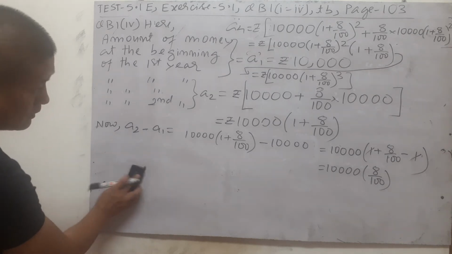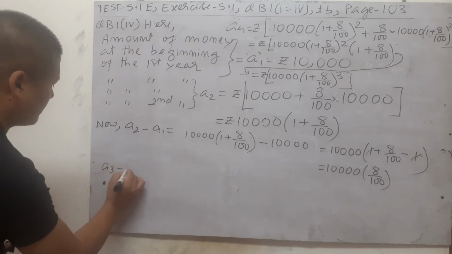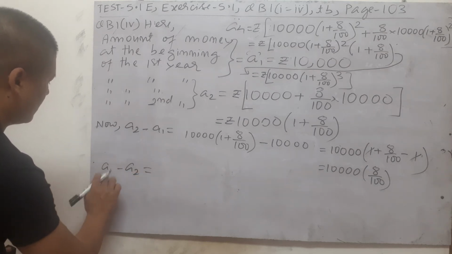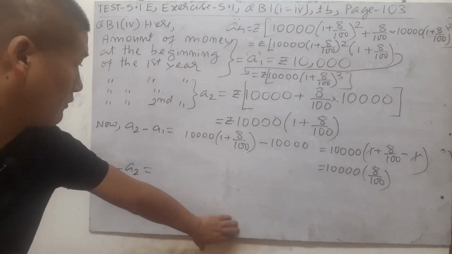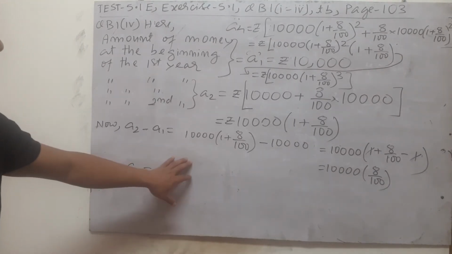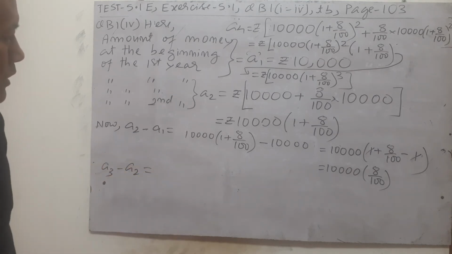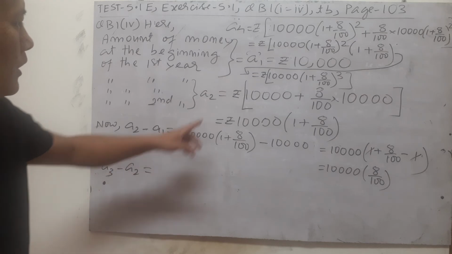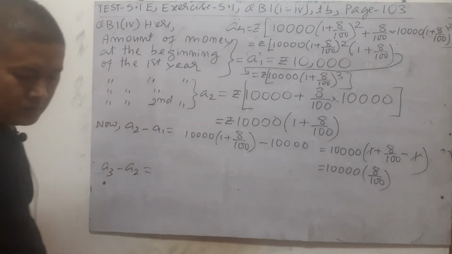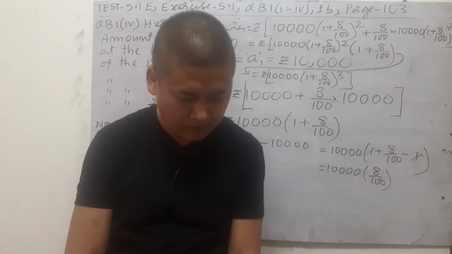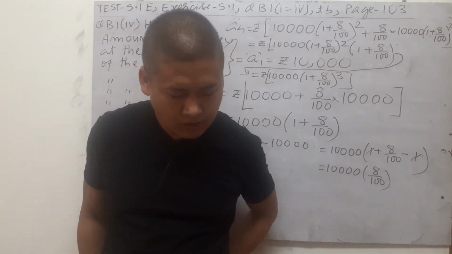Then A3 minus A2. Let us do that. A3 minus A2. So A3 is, just now I got it from here, right? Oh, sorry, A3 minus A2. So here, A1, A2, A3, okay. So A3, I think it's on your notebook. So there, let me use the textbook.